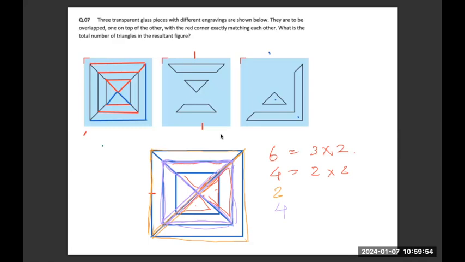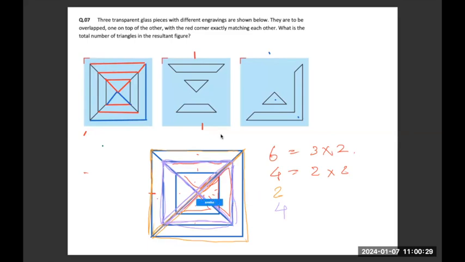Is there any diagram which is remaining besides these? Let me check now. So I get 1, 2, 3, 4, 1, 2, 3, 4. I have counted these.